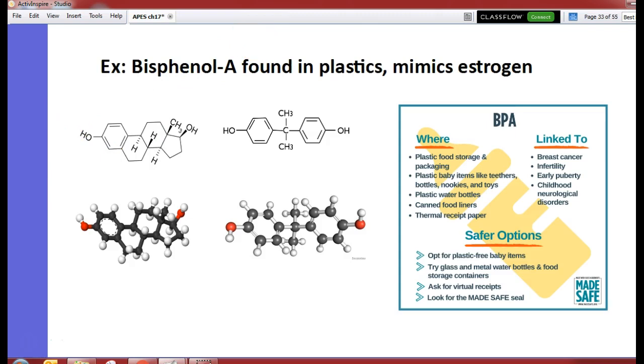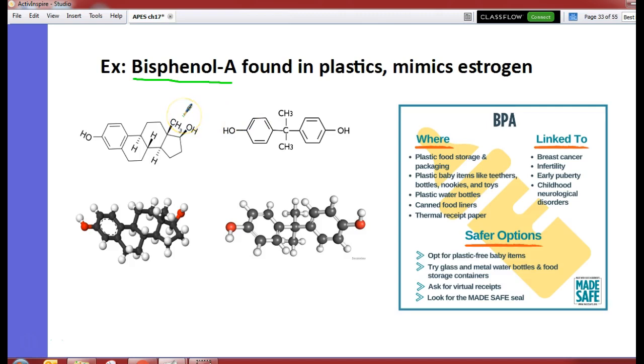So this slide just shows BPA, which its full name is bisphenol A, and that's the one that I said was found in plastics. It's found in water bottles. So if you notice, bisphenol A looks very, very similar to estrogen.